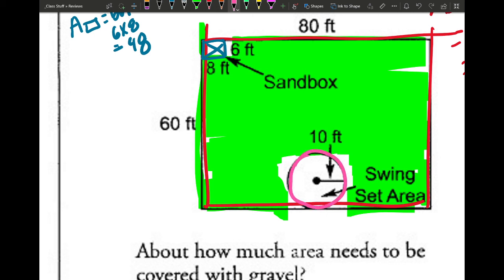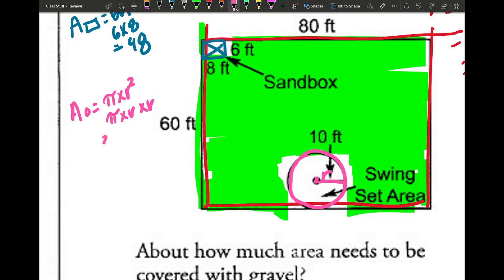And the number that they gave me apparently is the what? Radius or diameter? Is that the radius or diameter? It's half, right? So it has to be the radius. So the area for the circle is pi times radius squared, but you can write it like this as well.